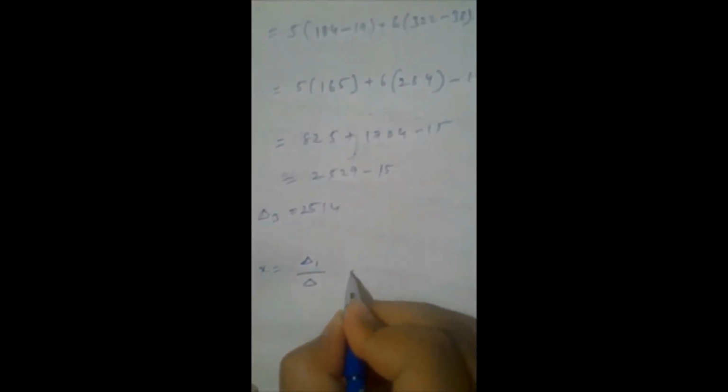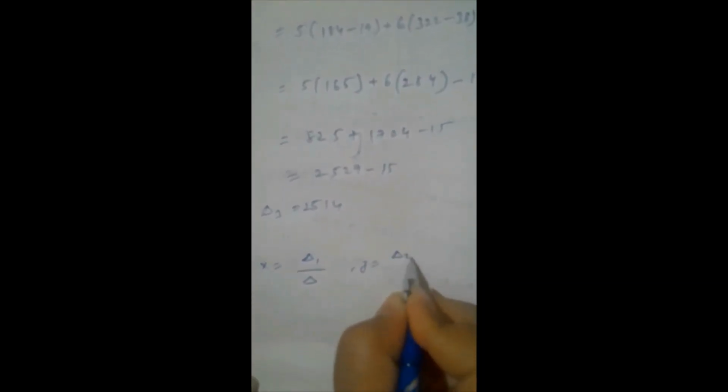Now x will be equal to delta 1 by delta, y will be equal to delta 2 by delta, and z will be equal to delta 3 by delta. Delta is 419 and delta 1 is 1257.